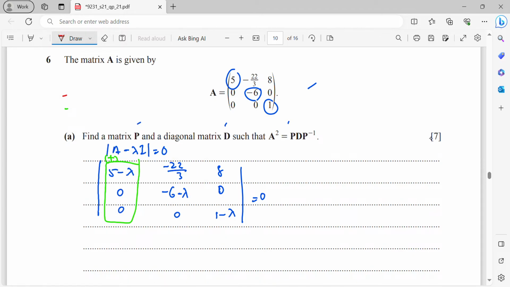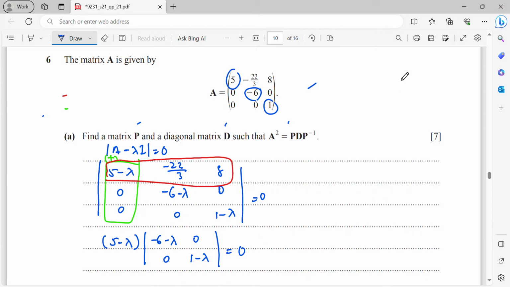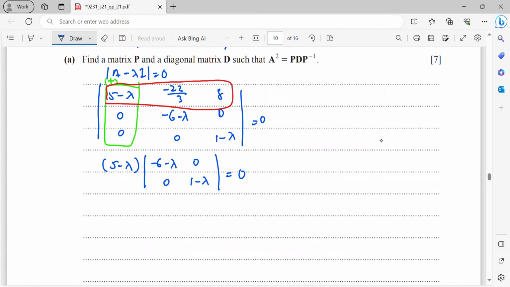When I consider the first row, the cross out is 5 minus lambda. Then the remaining elements I just copy and change to determinant. Then from here, obviously, you will get 5 minus lambda times minus 6 minus lambda times 1 minus lambda equals 0.